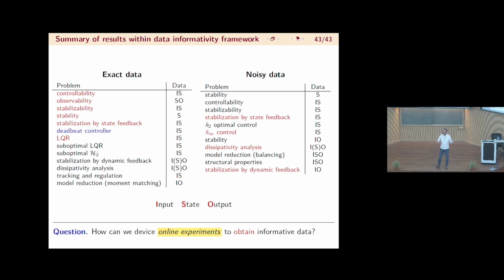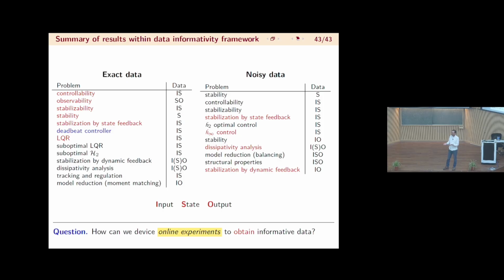It uses the information obtained from the output only at the very end. It's an offline scheme. Applies the input, collects the output, and then does some computation. But if I am interested in identifying a given system, wouldn't it be more natural to apply one input, see the reaction of the system, and decide what input I'm going to apply next? Because I want to identify the system as soon as possible.